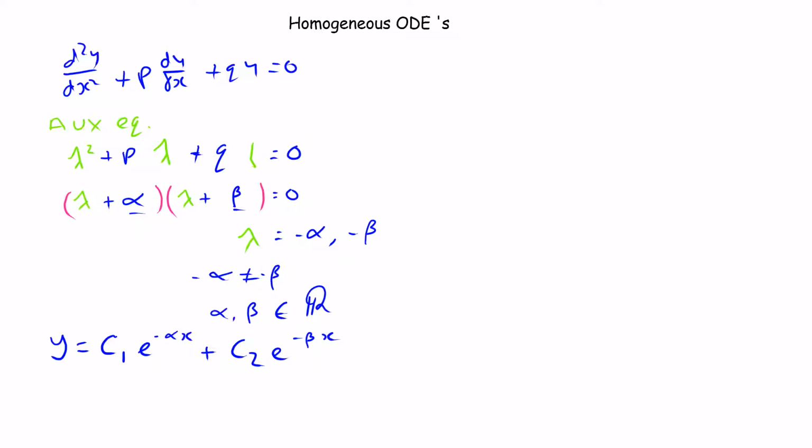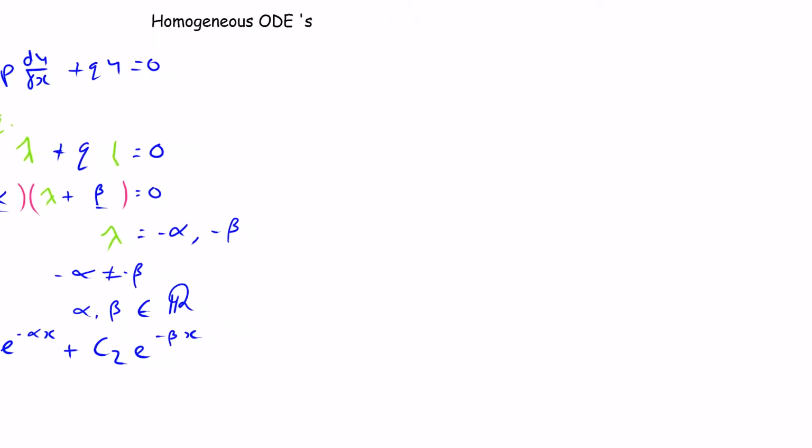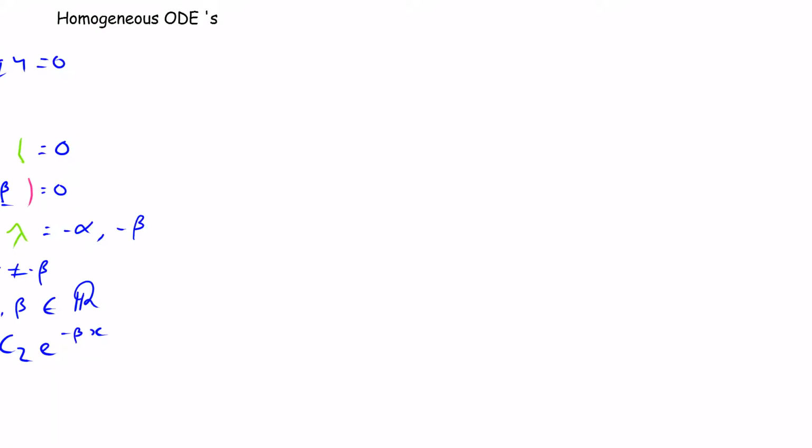If, for example, we had two roots which are not distinct, so two roots that are the same, say we had lambda equal to, let's say alpha again, then our general solution would be c1 e to the alpha x.